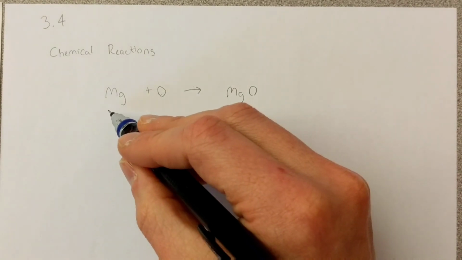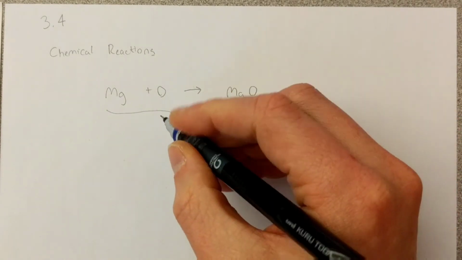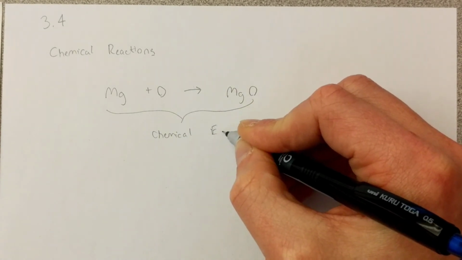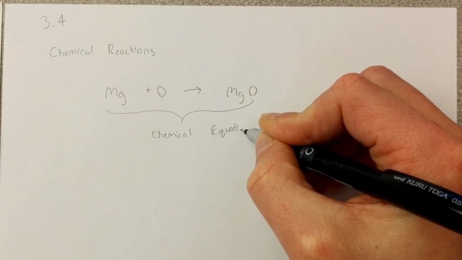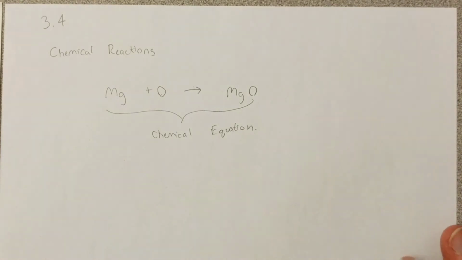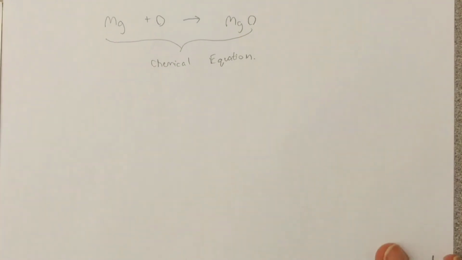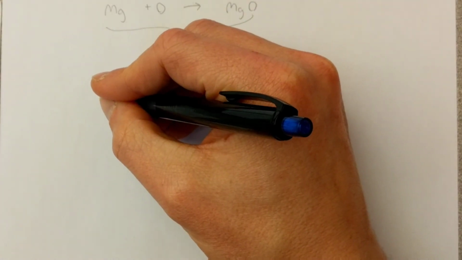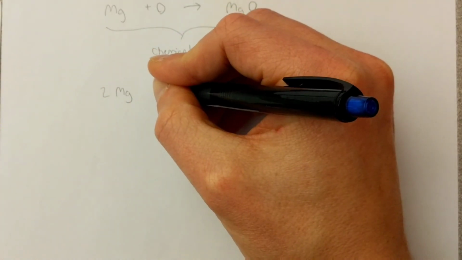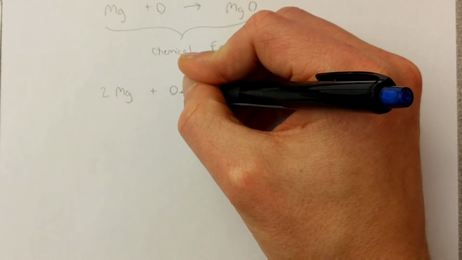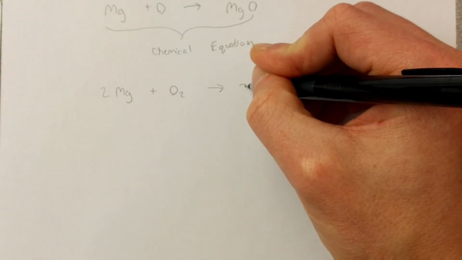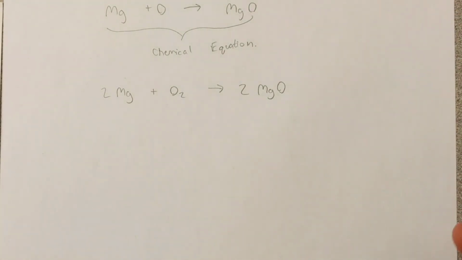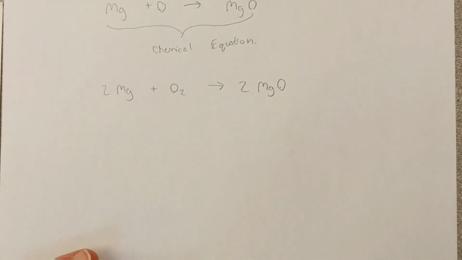Now what we just wrote here, this entire thing is called a chemical equation. Now there's certain parts of chemical equations that we should be able to talk about. So let's rewrite this one. We're going to write it so that it's balanced. So let's take a look at it.